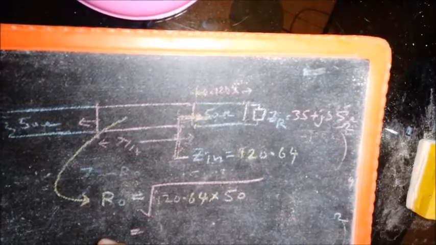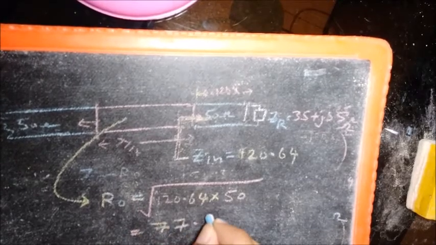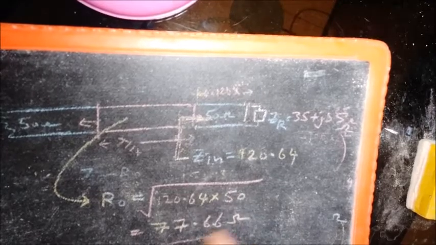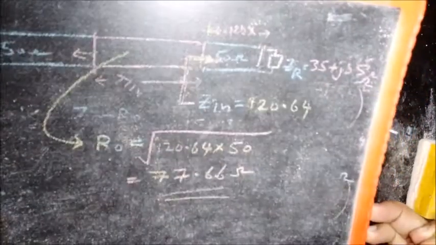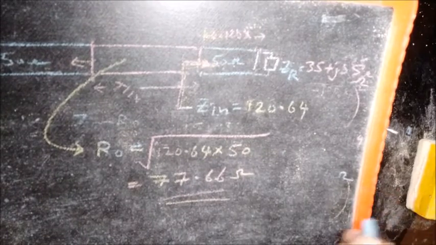That turns out to be 77.66, I think, ohms, something very close to this, 77.66 ohms, or maybe if you want to round it off, you can call it 78 ohms.